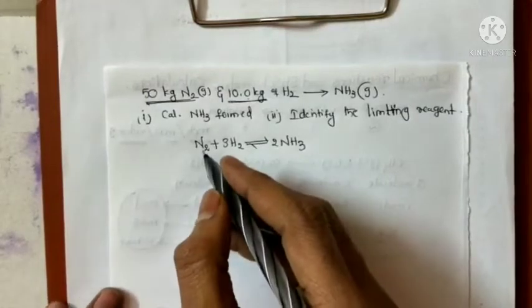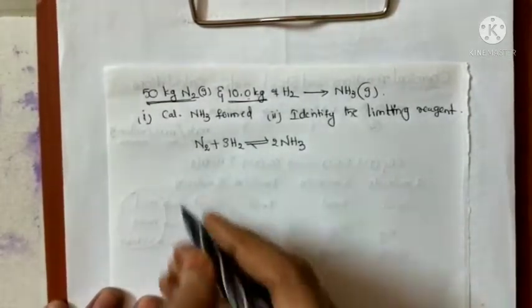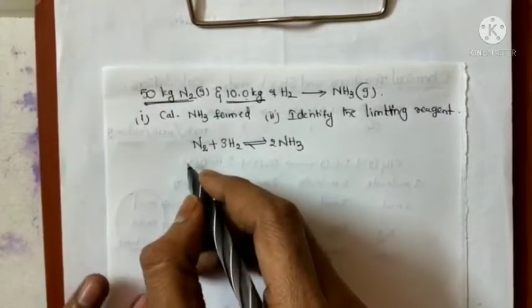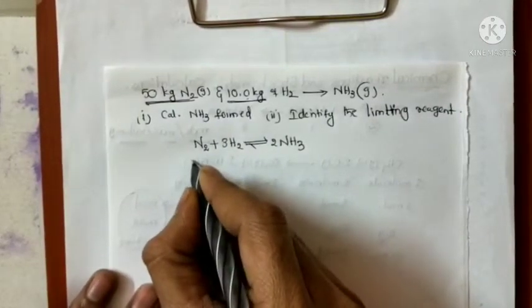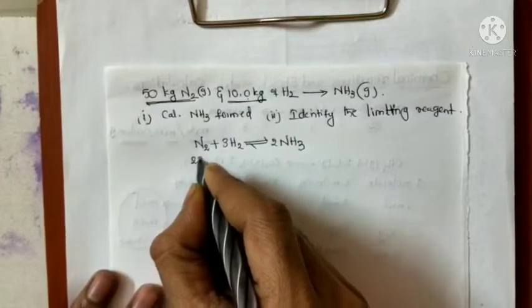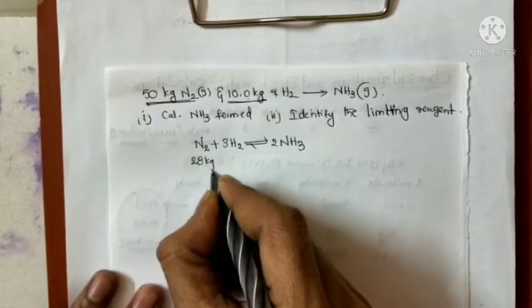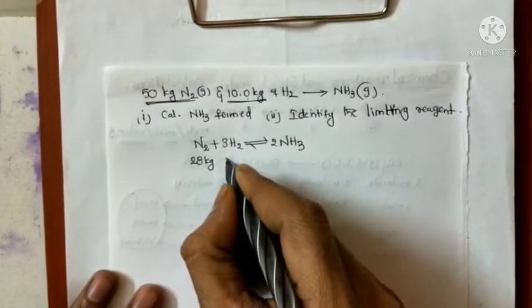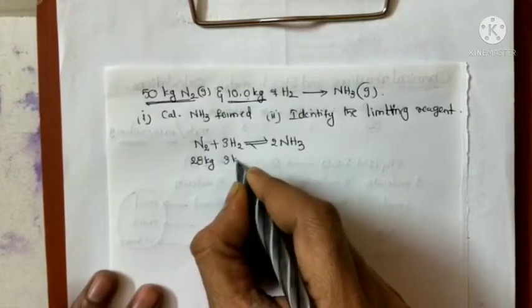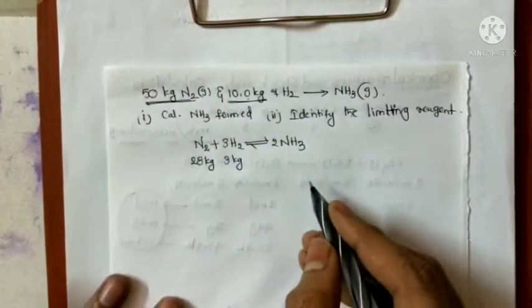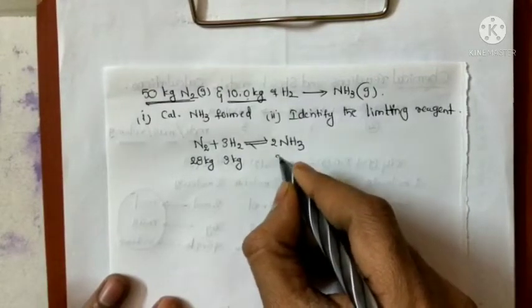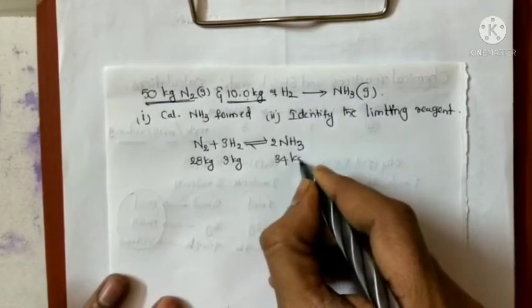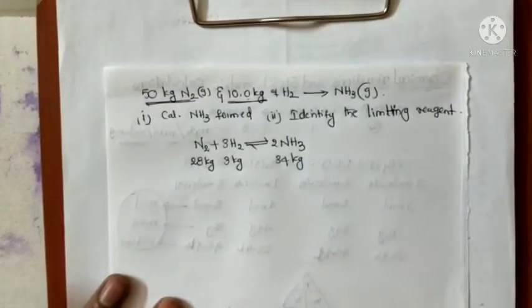Okay, so from this, which one is the availability? Actually, we will write according to mass: 28 kg of nitrogen is reacted with 6 kg of hydrogen to form 34 kg of ammonia.